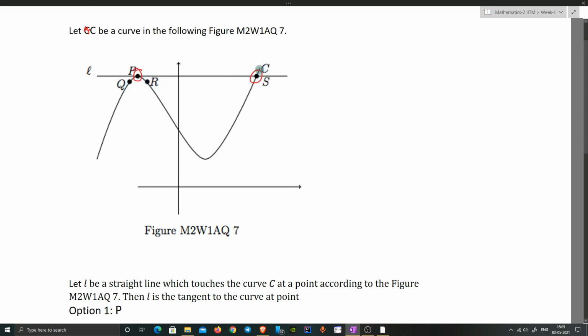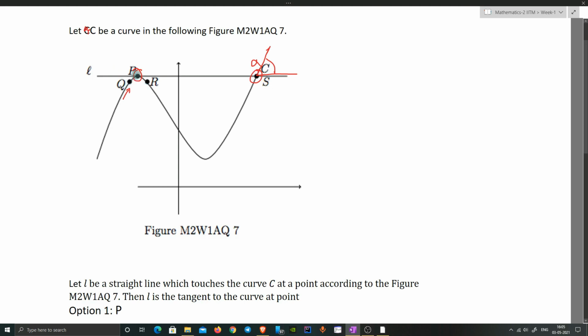So what is happening at C? The curve direction is somewhere like this and the direction of the line is somewhere here. So it makes an angle. If this makes an angle, this is not a tangent, right? So what about P? At P the curve is moving like this here and the line is moving like this here.